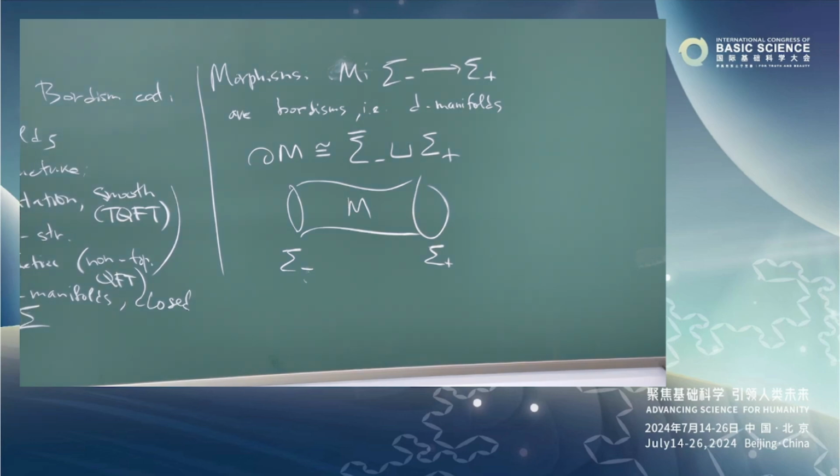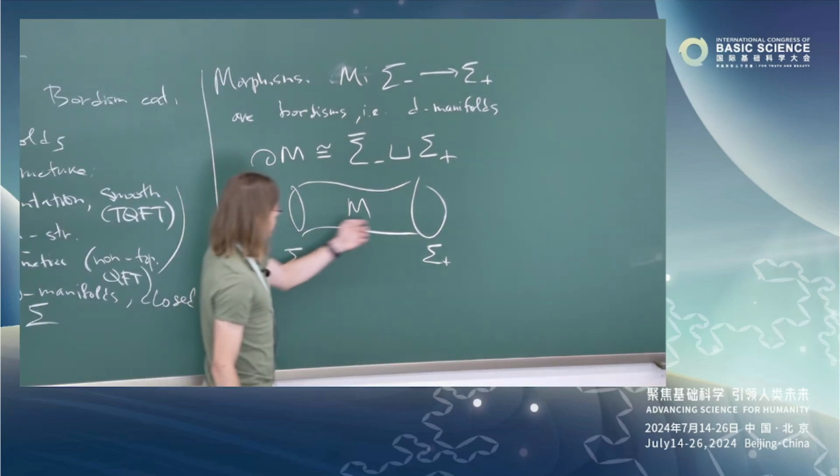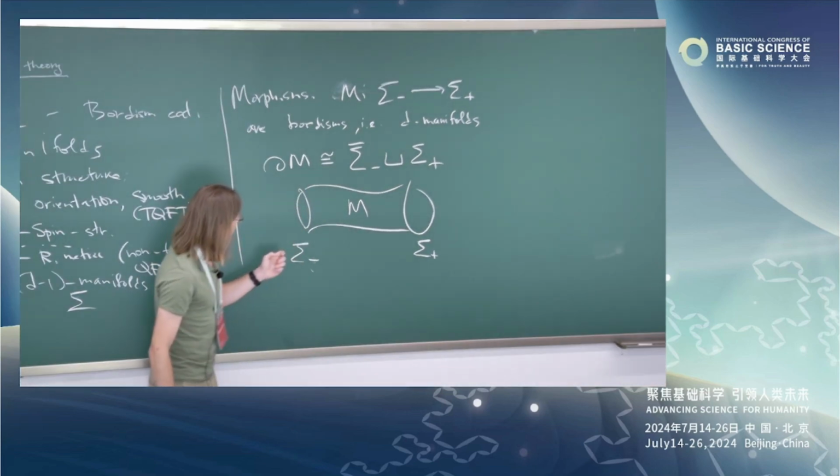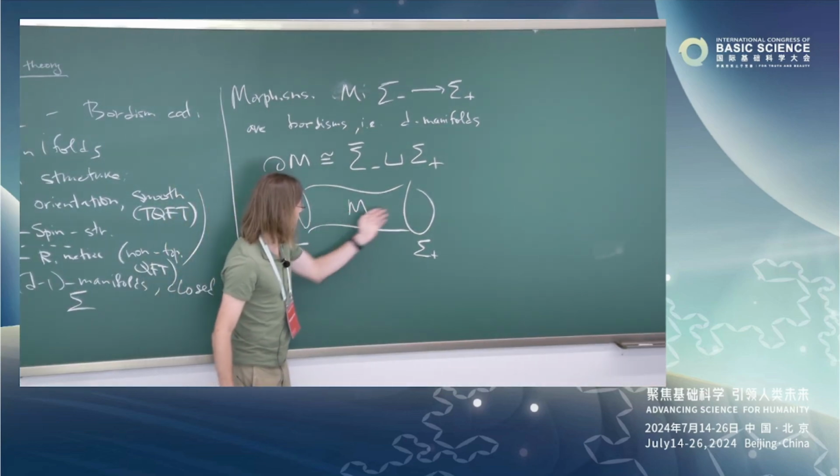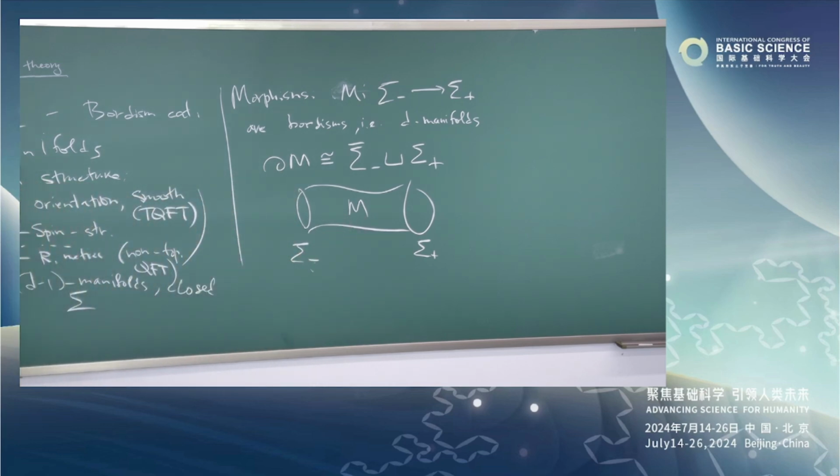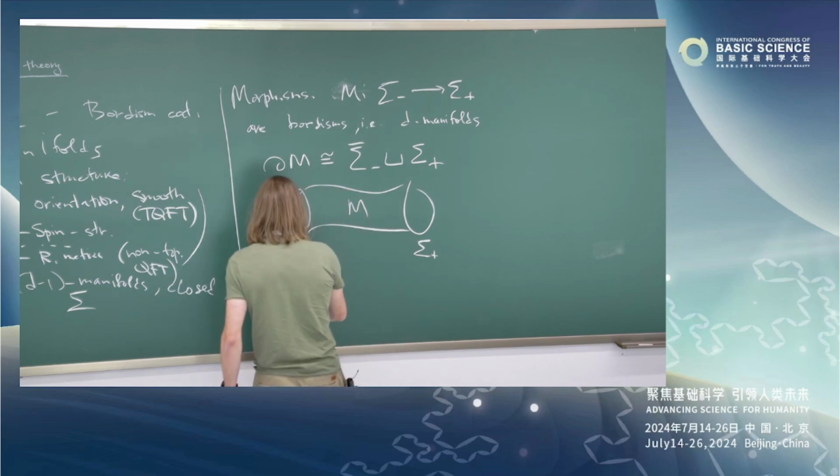And of course, whenever we have this choice of structure, the structure on the boundary should agree with the structure. Okay, and we want to consider it up to an equivalence relation.